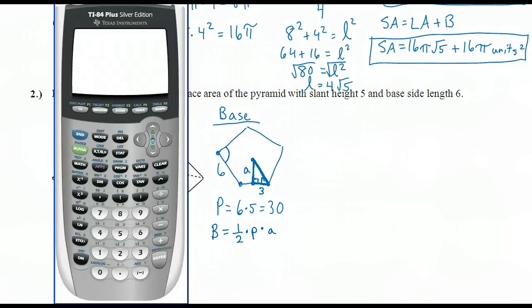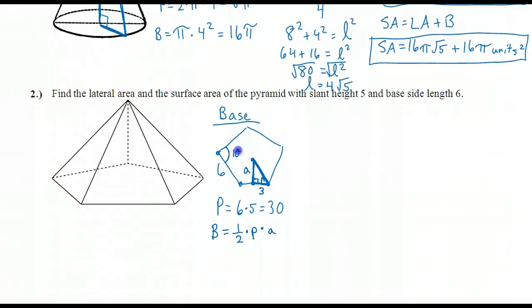The angle of a regular polygon is the number of sides minus 2 times 180, that's how many degrees I have total in this pentagon, divided by the number of sides. So each angle in a pentagon is 108 degrees, which means that this angle right here is 54 degrees.